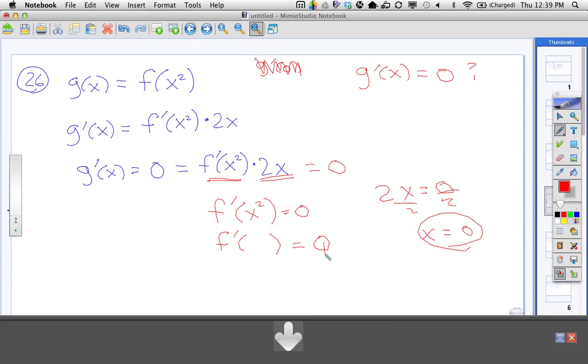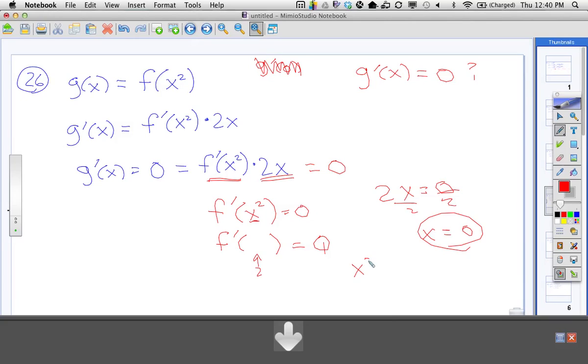But this is different. So what we really should be thinking is input and output. Looking at the f graph, when is its slope 0? When its input is 2. So in other words, when that thing in there is 2. Now usually that thing in there is x, so it's when x is 2. But that thing in there is not an x this time. It's x squared. So we need the input to be 2. That's when f prime is 0.